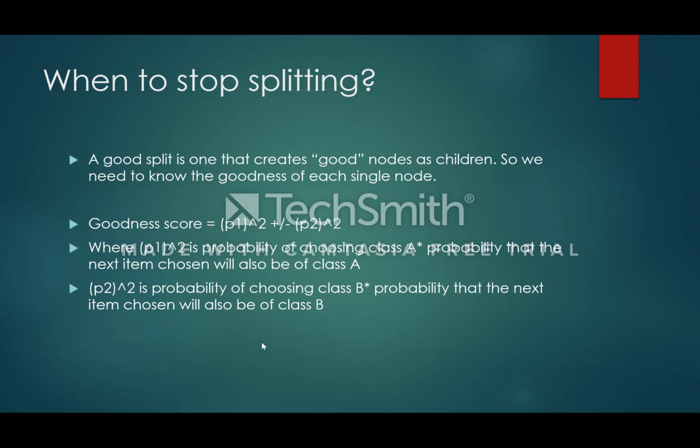Suppose there are two classes, class A and class B, or 1 and 0 if we consider binary target variables. p1 squared is the probability of choosing class A, times the probability that the next item chosen will also be of class A, and p2 squared is the probability of choosing class B, times the probability that the next item chosen will also be of class B. By this we can get the goodness of a node.